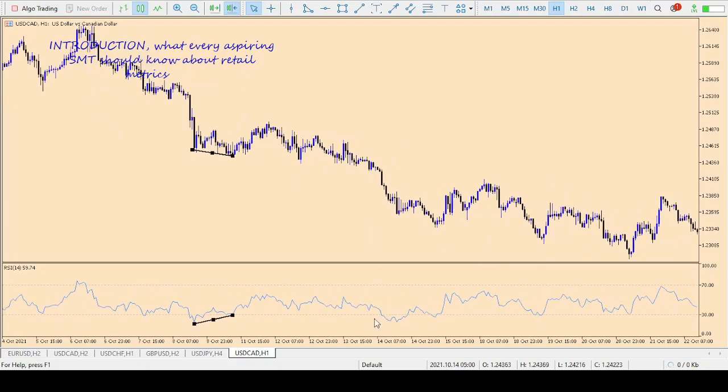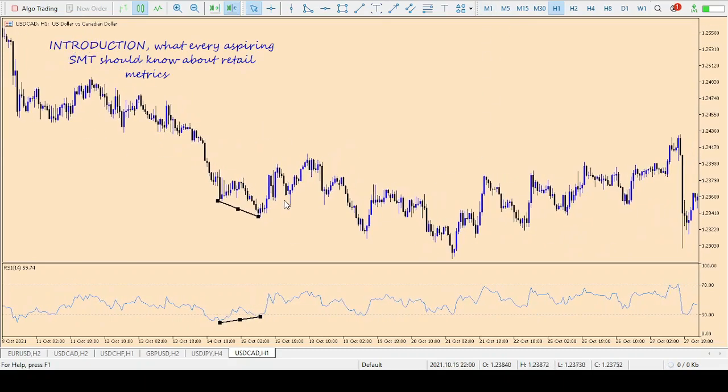Another one here. I'll show you another one. Look at that. Price made a higher low here. But here, price made a lower low. And then they tell you that price is going to start buying aggressively. But what happened? It just kept on selling.